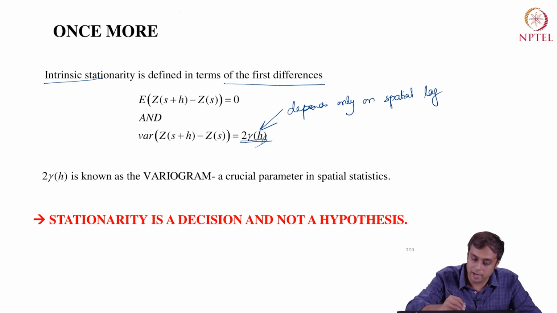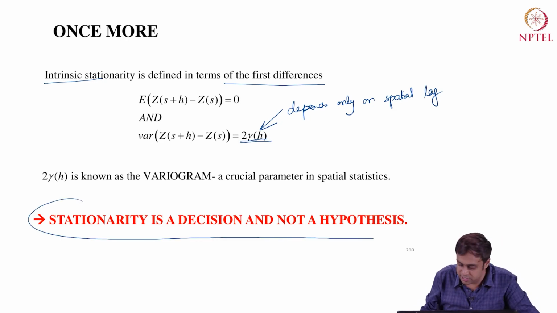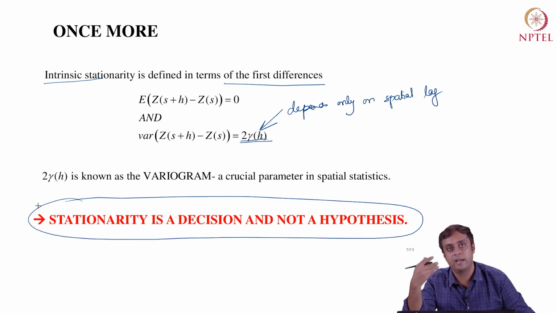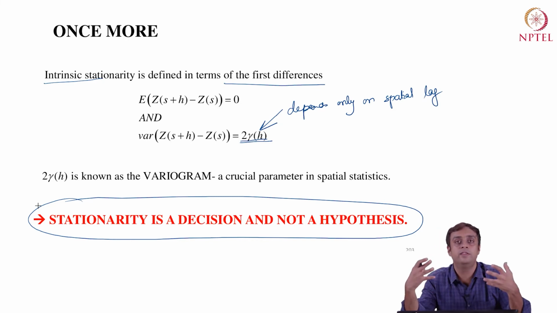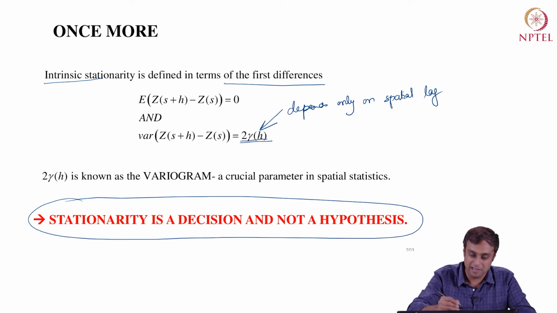Okay. So, it can only depend on h. Okay. Now, stationarity or intrinsic stationarity again is a decision, it is not a hypothesis. I am saying it again and again, so that we do not fall in the trap of actually trying and testing intrinsic stationarity.